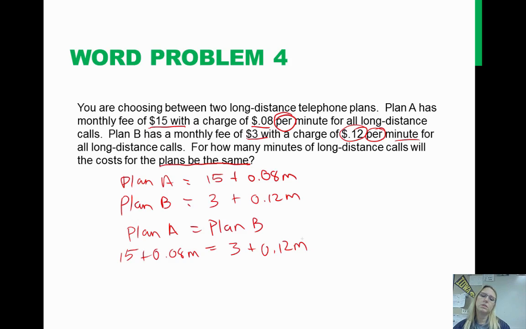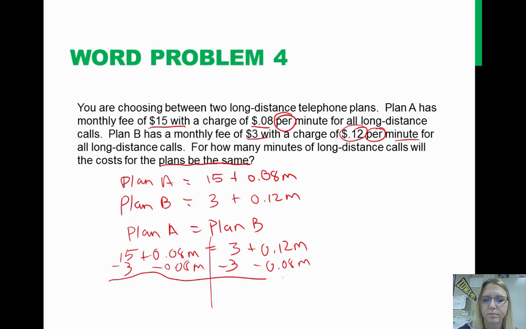And they're on both sides of the equation, so we need to move one of them over. Let's move this 0.08 M on both sides. And we can move this constant of 3 over to the other side by subtracting it from both sides. So this cancels, and this cancels.